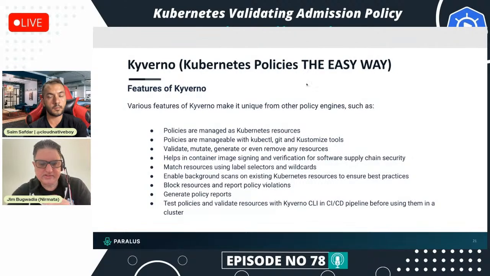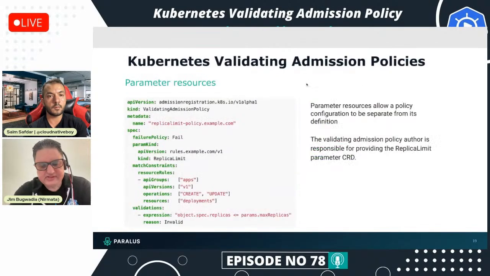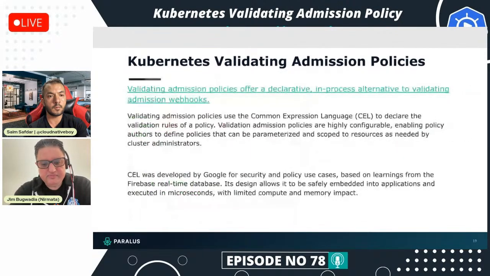So the next evolution of this, and Jordan Liggitt, who's one of the lead authors of validating admission policies, the next evolution was, okay, how do we bring policy further down into Kubernetes and make it built into the API server as much as possible? So that's where Joe and team proposed validating admission policy, and we had chatted about this maybe almost 2 years ago, right? And I think it's a fantastic step forward for the community, right?